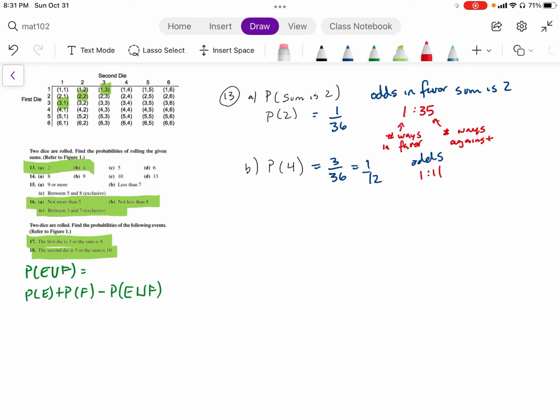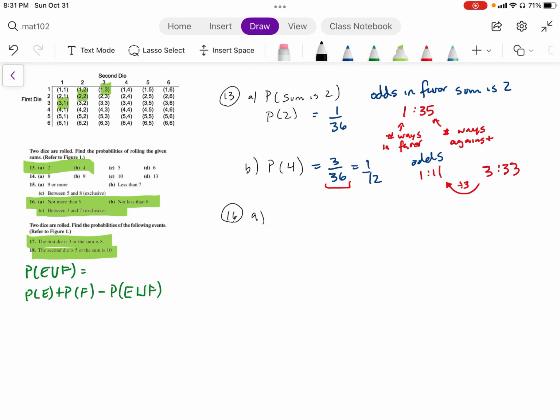Now I know it's out of 36 in all, but using the reduced form, I don't have to worry about reducing odds. See, if I did the odds of 3 ways versus the 33 ways, the unreduced form, they both are divisible by 3. So when I divide by 3, I get the reduced version anyway. Okay.